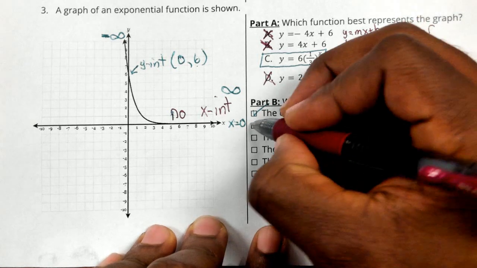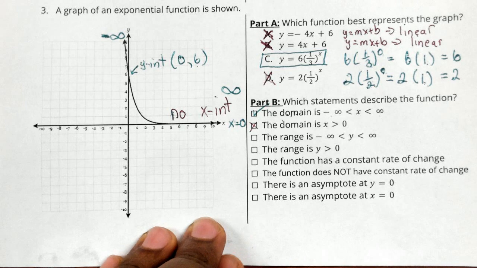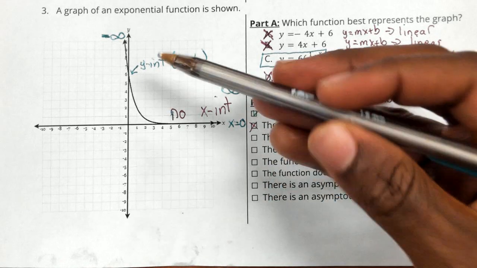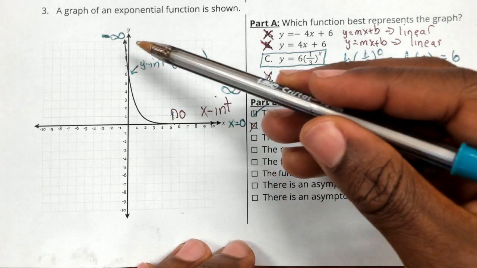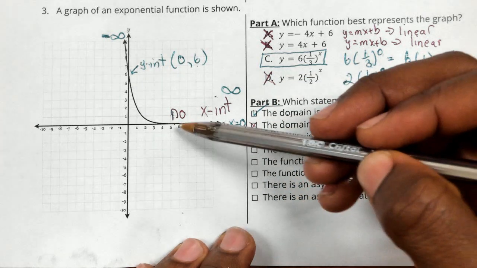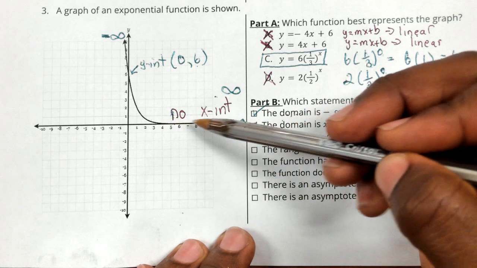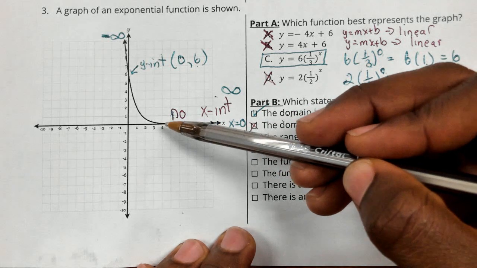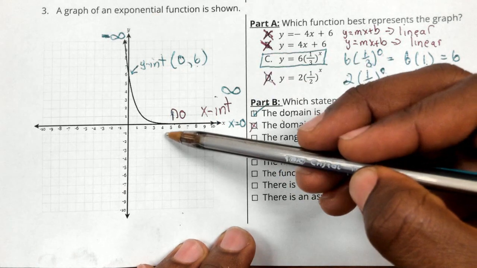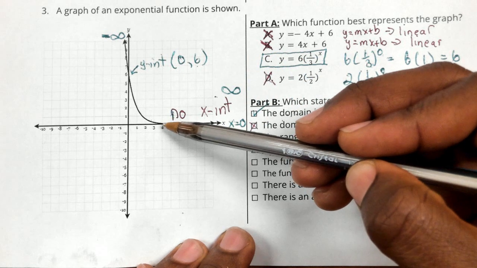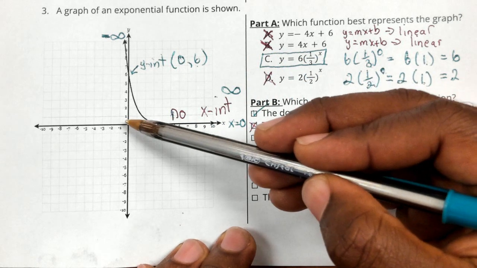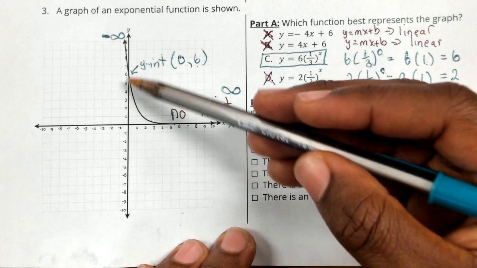This one is incorrect. Now we're going to look at the range, so we look from the bottom to the top. I didn't start all the way down here because my graph straightened out, or became constant, right here. So from here upwards is where I traveled, from 0 all the way upwards.